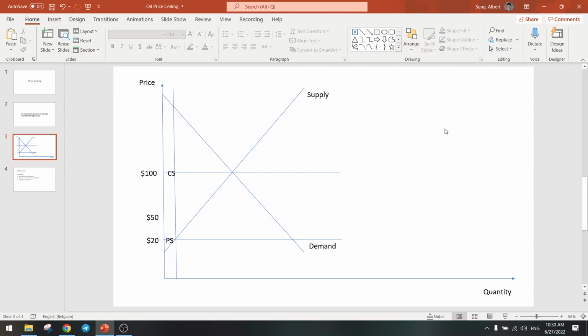So this is the risk that the G7 is taking. If they put it too low, they are going to induce a recession. And why is that? Because this was the equilibrium point earlier with this quantity, but with these price ceilings, they are bringing the quantity to the left. So there's less oil available, which means less GDP, which means a recession is induced.